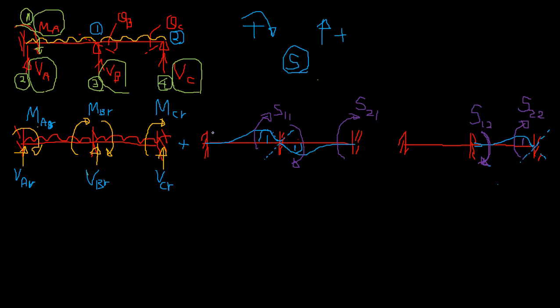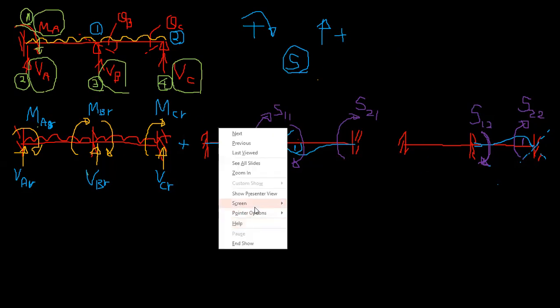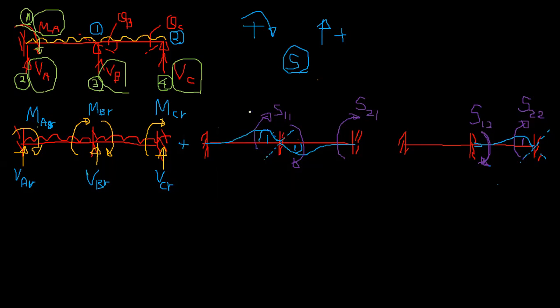So in this case, you need to consider these actions as well simultaneously. Here I'll call this the action unit. This is the first action coordinate due to the load at 1.